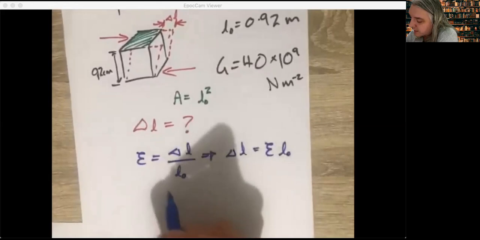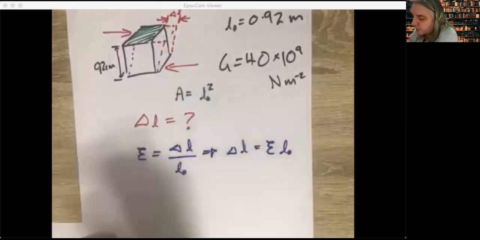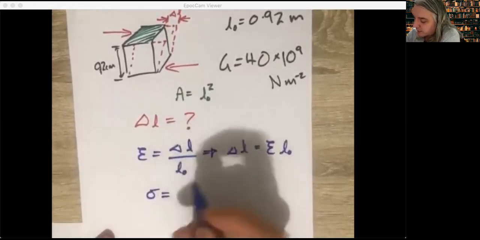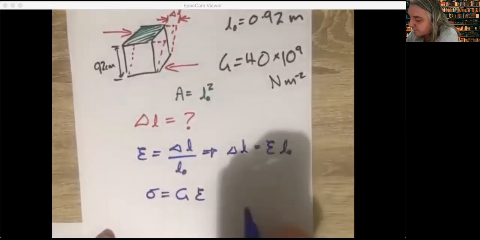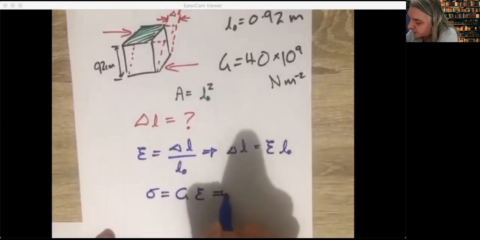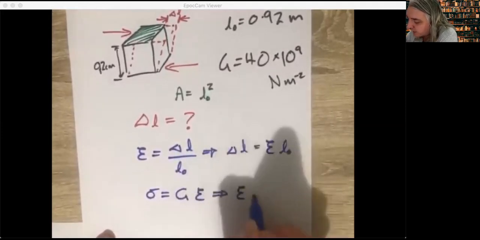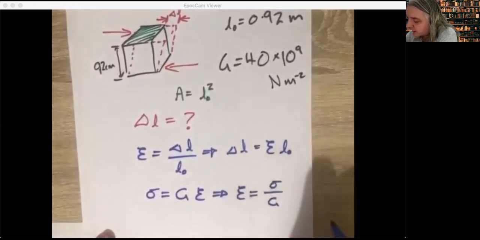Remember, the strain is going to be from our stress and strain relationship that brings in the shear modulus. So the stress is equal to the shear modulus times the strain, which means that, since we're looking for epsilon, we're going to get that our strain is equal to the stress over G.